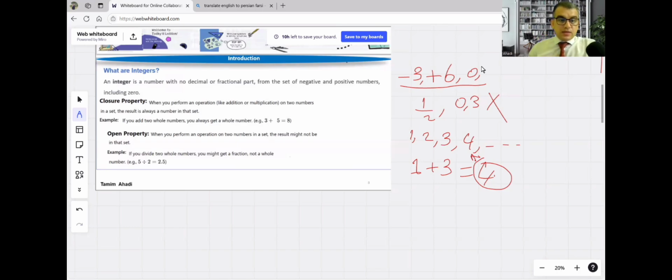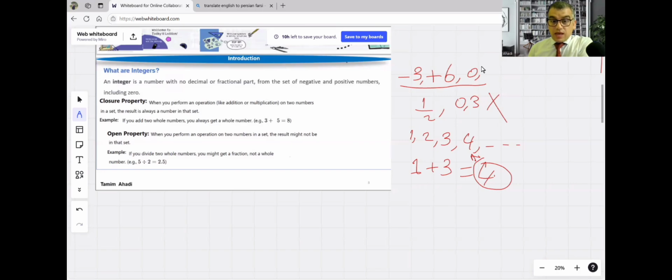Okay? Next, open property. When you perform an operation on two numbers in a set, the result may not be in that set. At that time we say that set of numbers is open under that specific operation. For example, natural numbers are open under subtraction.